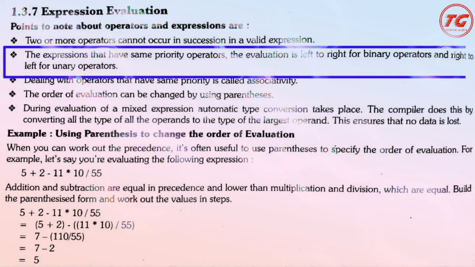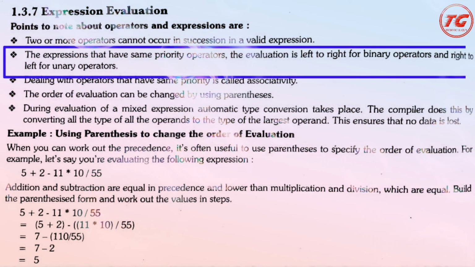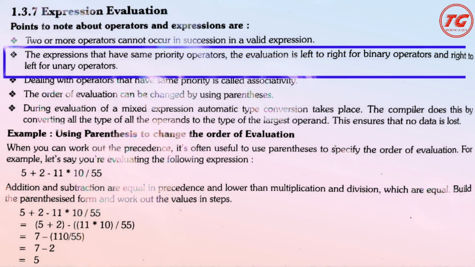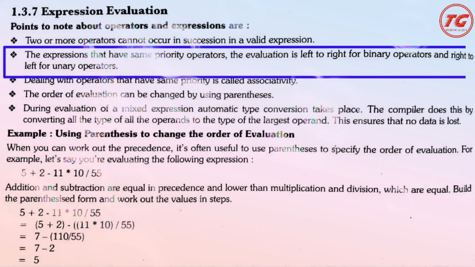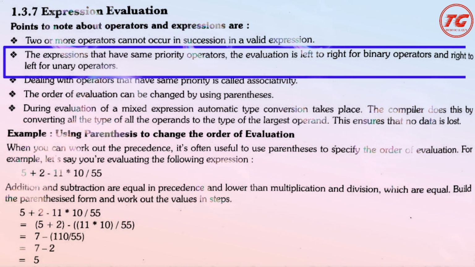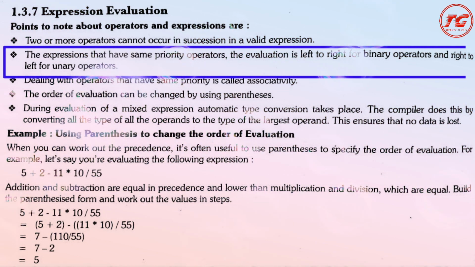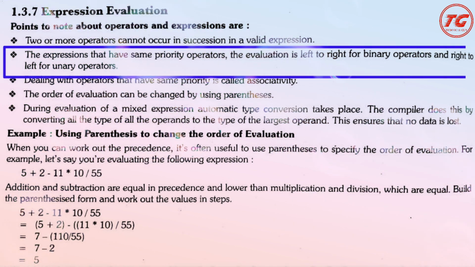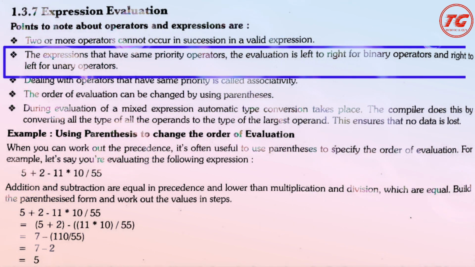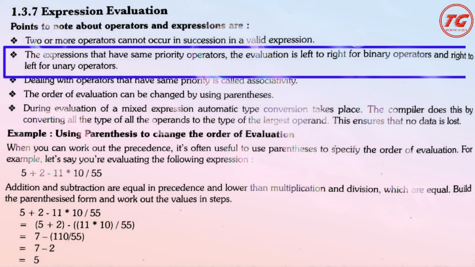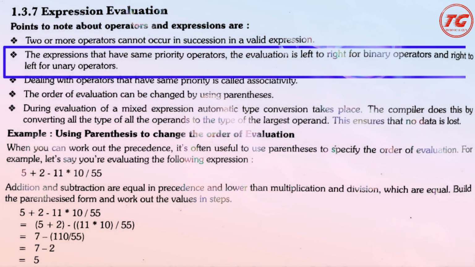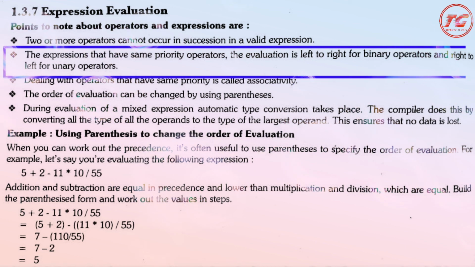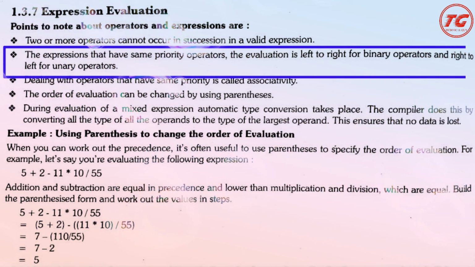Second, for expressions that have operators of the same priority, the evaluation is left to right for the binary operators and right to left for the unary operators. In certain expressions there can be operators with the same precedence, and such operators are evaluated in a particular order.